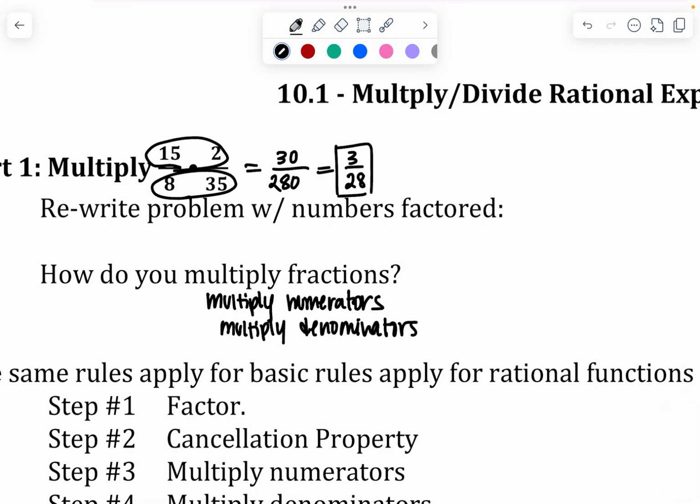And so 15, looking at our first fraction, this 15 can be factored to 3 times 5. 8 can be factored to 2 times 2 times 2. Just looking for all their prime factors. 30 is 3 times 10, which is 3 times 5 times 2.